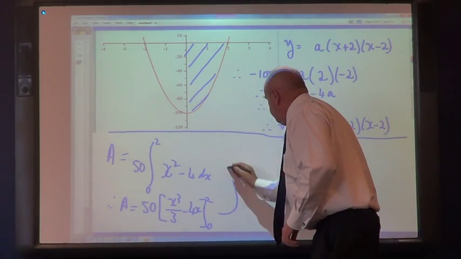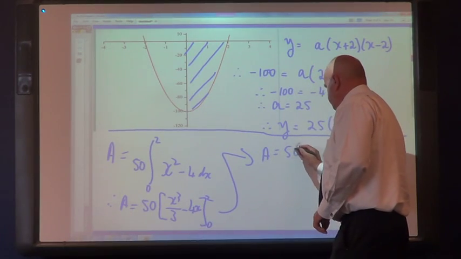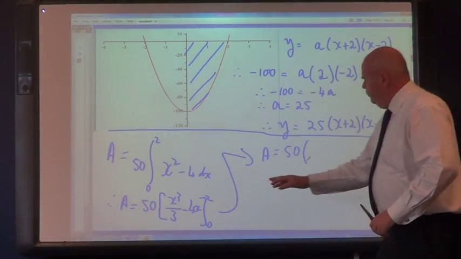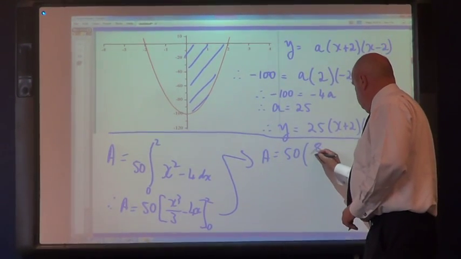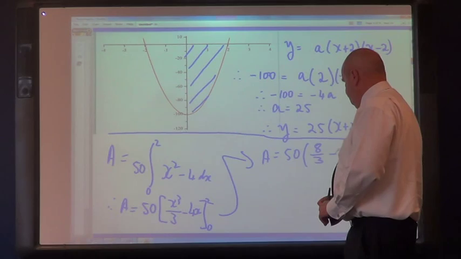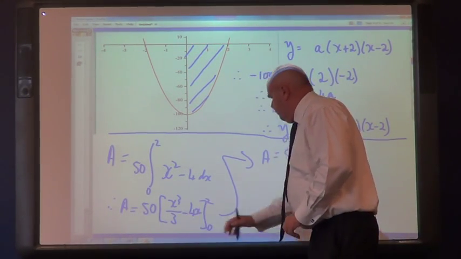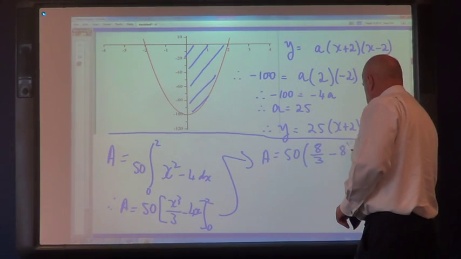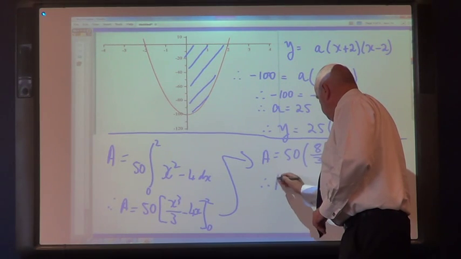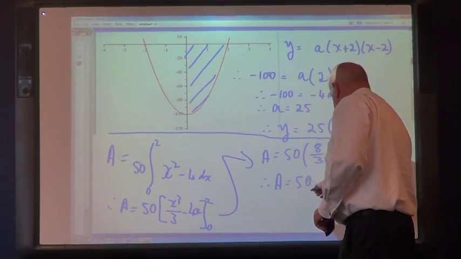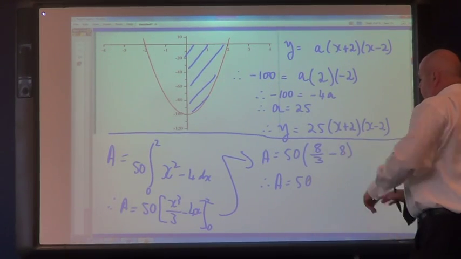So, going up here, we have area equals 50, round brackets this time, 2 cubed is 8 on 3, minus 4 times 2 is 8, and therefore area equals 50. Okay, to convert that to thirds, we simply times it by 3 and divide by 3.